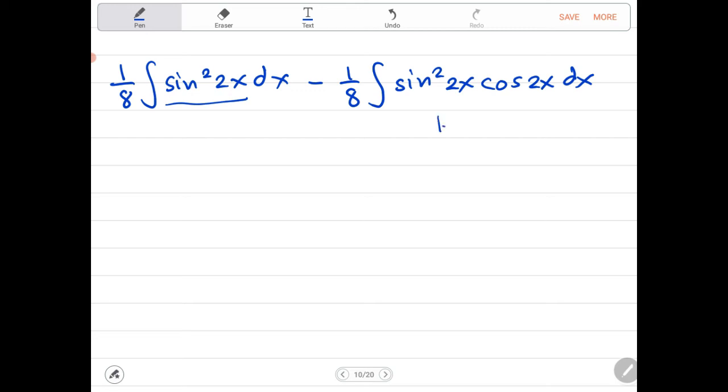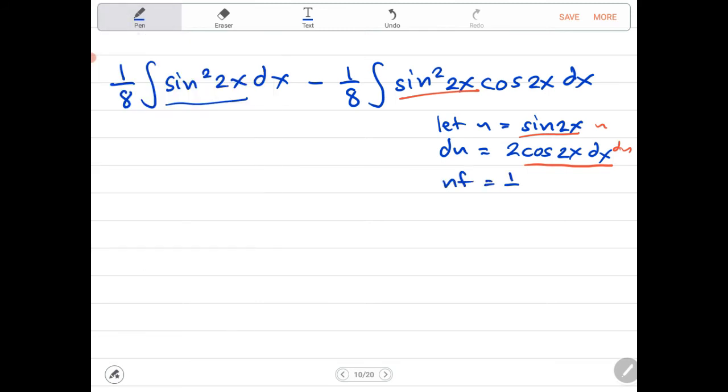If we let u as sine 2x, what is du? du is 2 cosine 2x dx. So this is our u. This is our du. We need to use a neutralizing factor, which is 1/2.